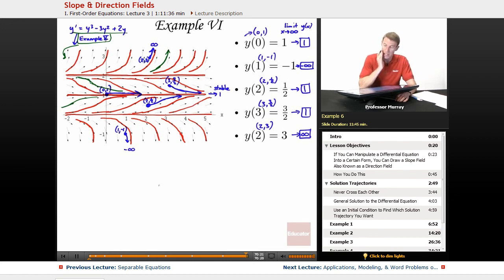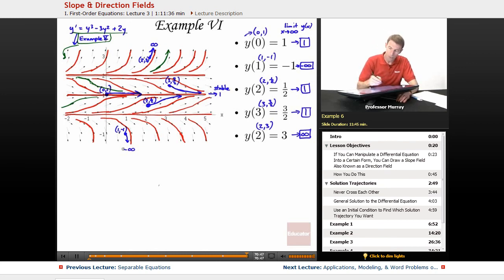And at each one of those initial points, the question is, if you hop on a solution trajectory starting at those initial points, where are you going to end up in terms of y values as you drift to the right? And so I pursued each one of those to the right. It turns out that quite a few of them just ended up drifting towards this stable solution at y is equal to 1.